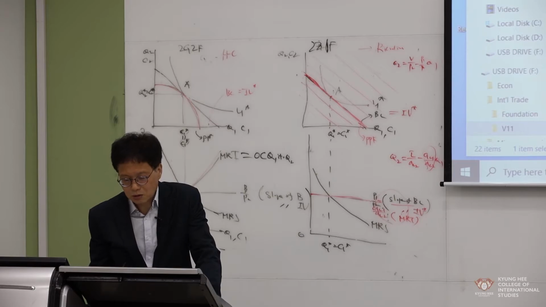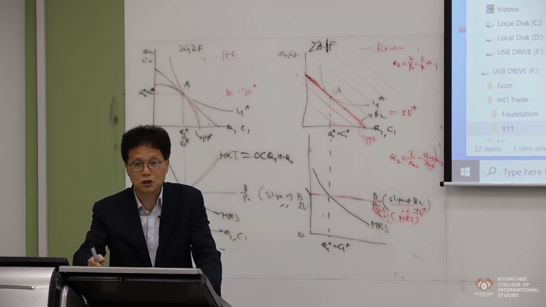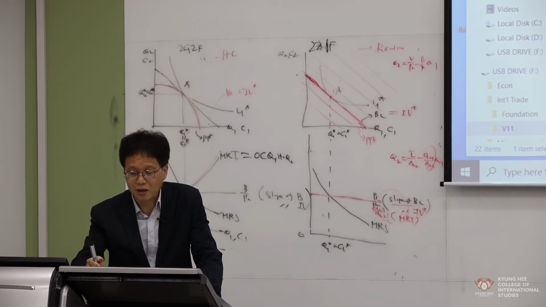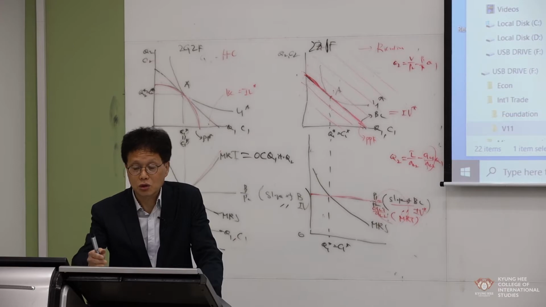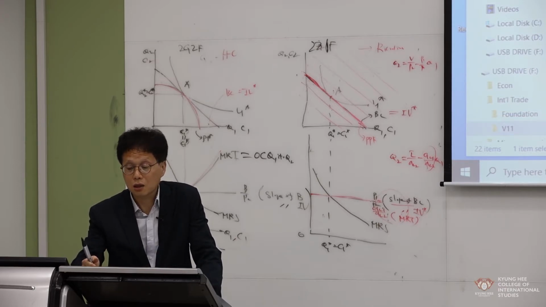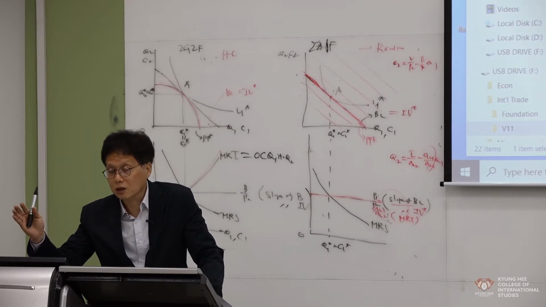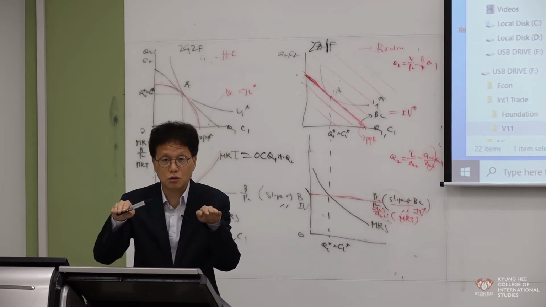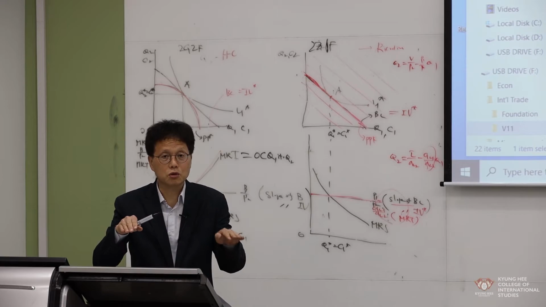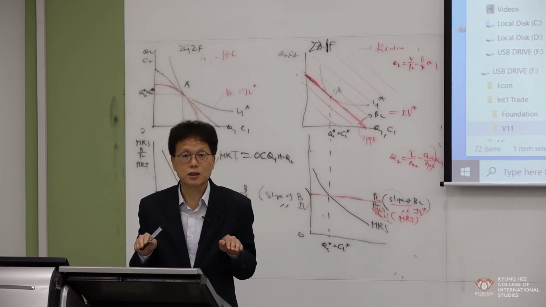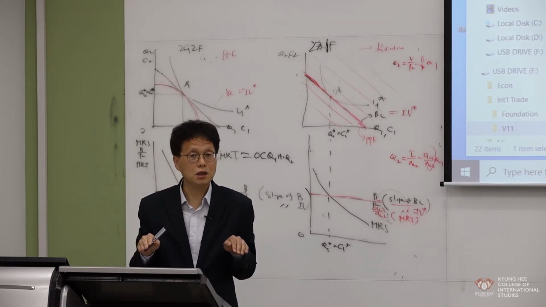The comparative advantage story is that a country has comparative advantage in, for example, Q1, when the opportunity cost of Q1 in terms of Q2 is lower, cheaper than the opportunity cost in the foreign country. Low opportunity cost means comparative advantage. Okay?